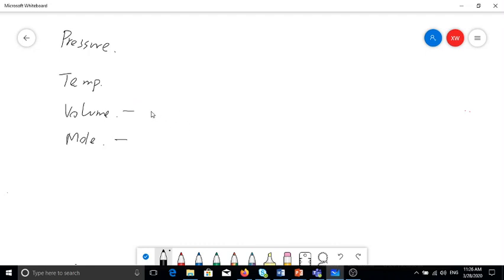It typically uses the unit of liter for gases, and it's determined only by the distance between molecules. This is because it's an ideal gas: the molecule itself has no volume, so it only depends on how far apart the molecules are.